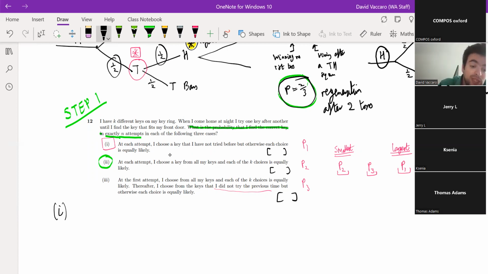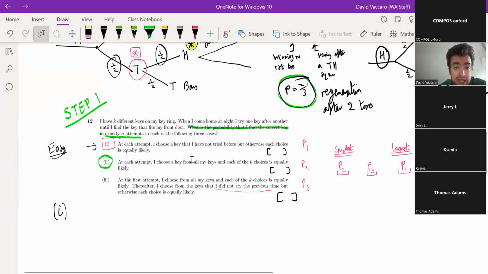I'm going to let you into a secret: part I is easy, and you should be able to write down the answer pretty much straight away. Can anyone suggest the answer? It's not n over k.